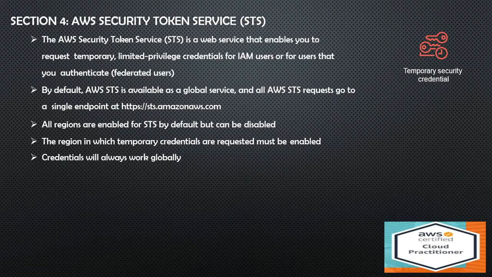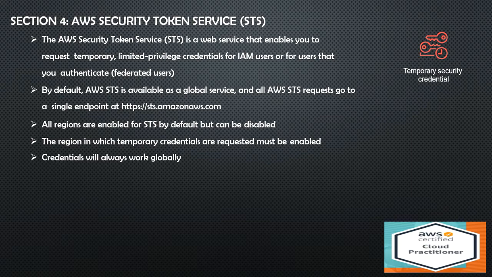And you have the AWS Security Token Service, STS. By default, this is enabled. The AWS Security Token Service is a web service that enables you to request temporary, limited-privilege credentials for IAM users or for users that you authenticate. So you can give these tokens to users who need temporary access to certain services on your AWS.